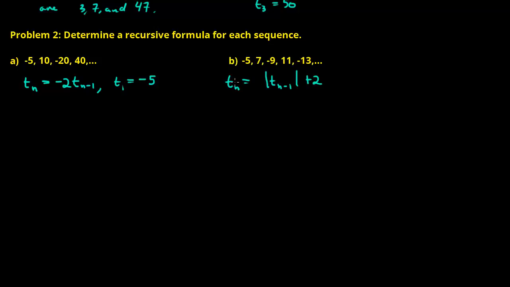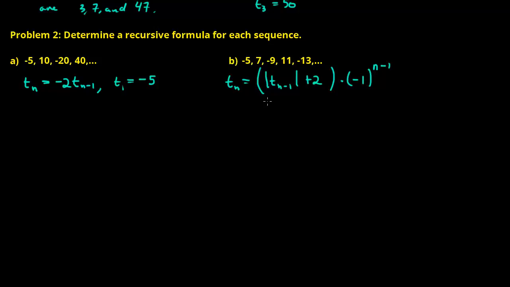So the best way to do that is, let's see here, we can multiply this by -1 to the power of n minus 1. Where if n is odd, then we'll multiply by -1 to the power of an even number, which is positive.